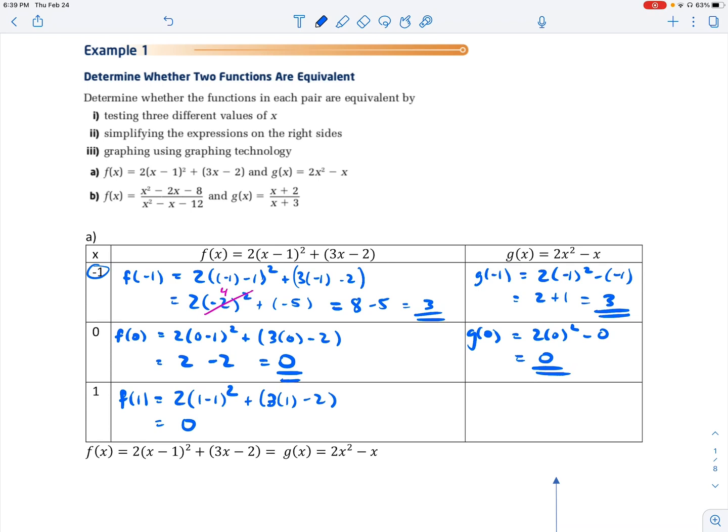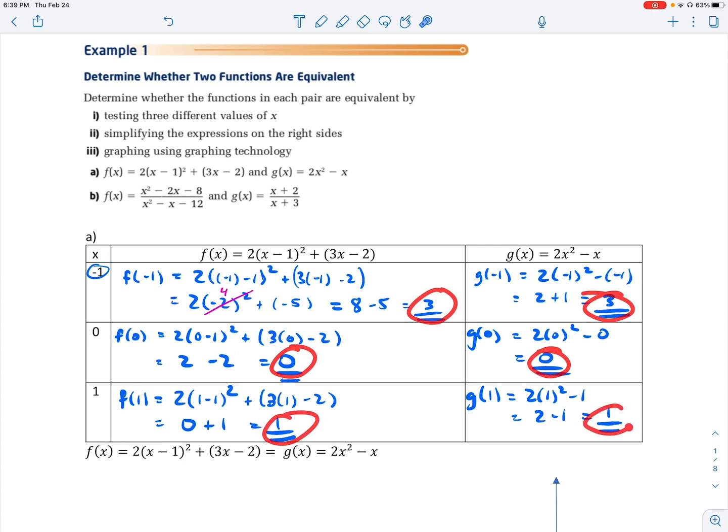And we have 3 minus 2 is 1, so we got 0 plus 1, so this is just 1. And let's try our last one. Let's do g of 1. 2 times 1 squared minus 1. That's going to be just 2 minus 1, which is also 1. So far this really checks out. These are the same for f of x and g of x. We can see there's some equivalency so far. However, we just don't know if it's a fluke.